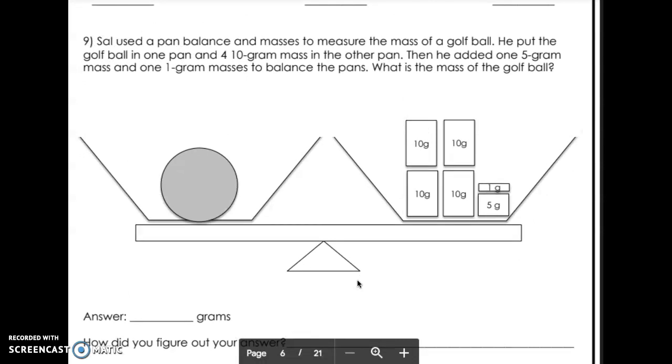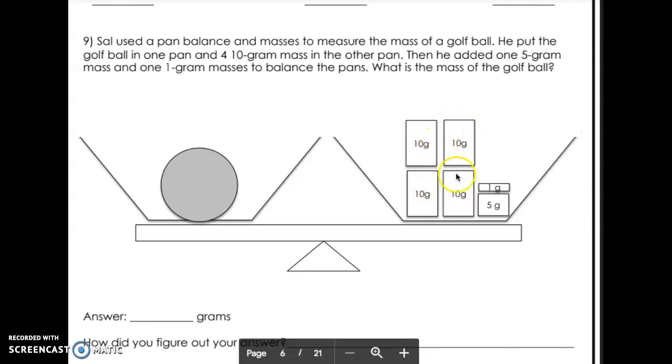We have been working with weights and balancing. And it says Sal uses a pan balance, and hopefully you've done that in your classroom, and masses to measure this golf ball. He puts the golf ball on one side and he puts a 10 gram mass and another one and another.